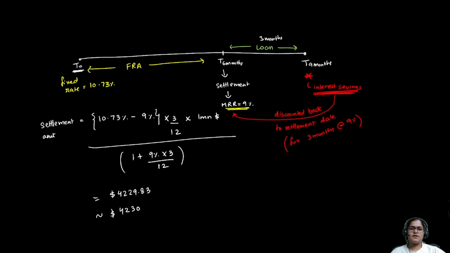The floating rate payer will pay 9%. Okay, so on a net level, who is going to make the payment? On a net level, this payment, which is the net settlement, is being made by the fixed rate payer.